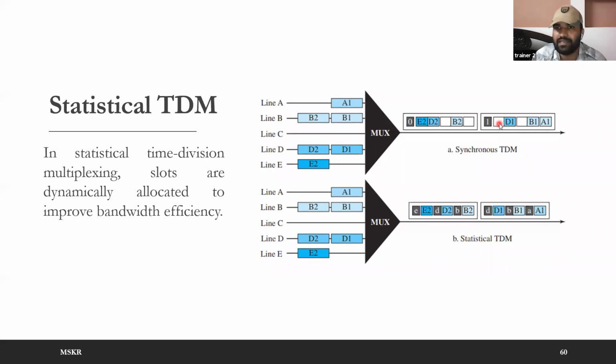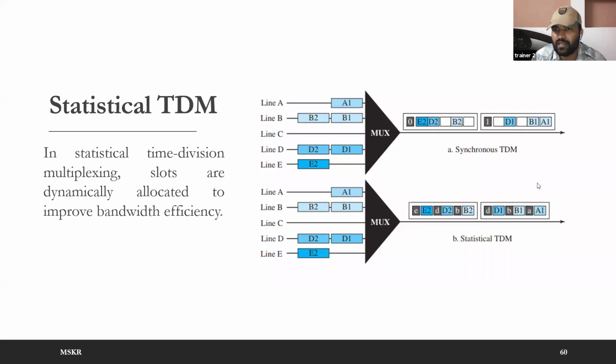Then D1, then E1 is not there, so you waste the slot. So you send the data. This is the synchronization bit, an additional bit. Now A2 is not there, so you waste it. B2, C2 is not there, you waste it. D2, E2. So this is how synchronous TDM wastes slots.